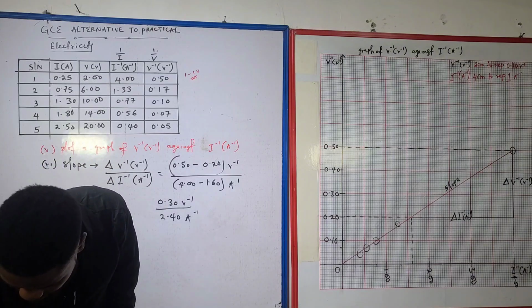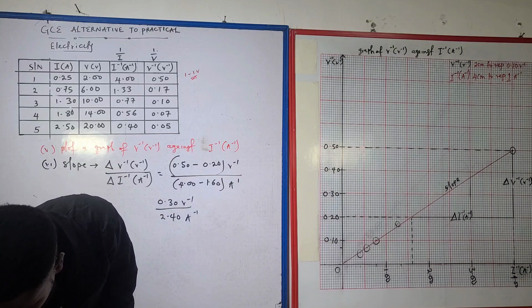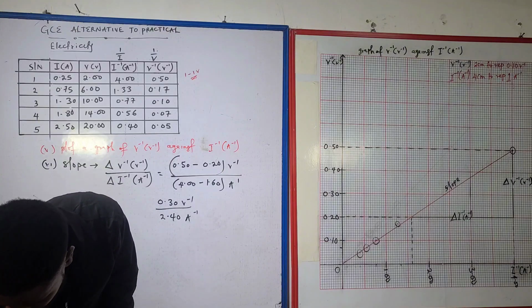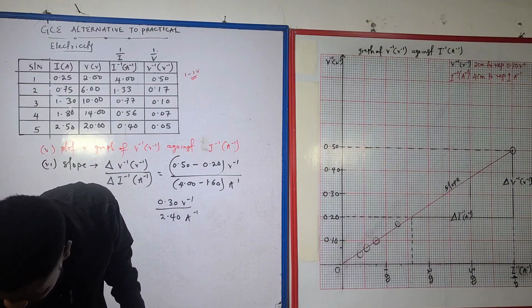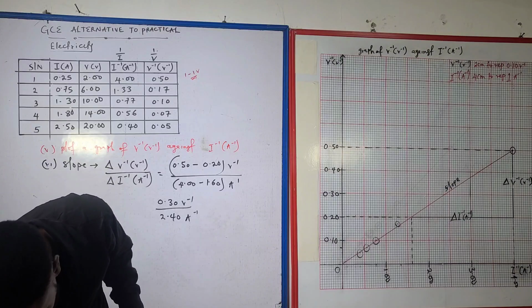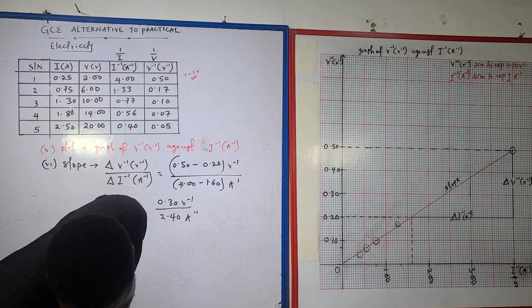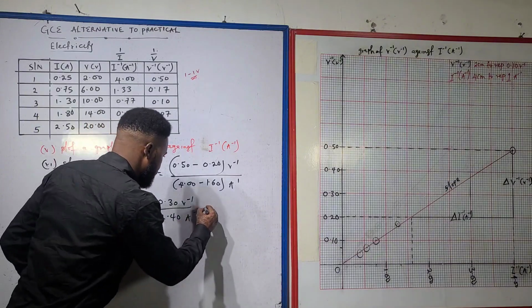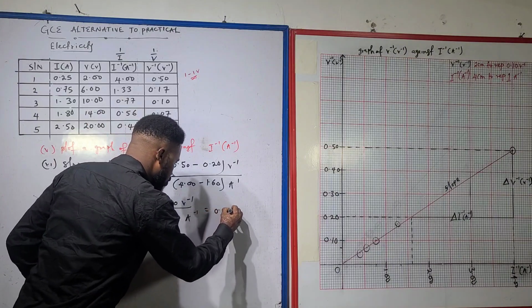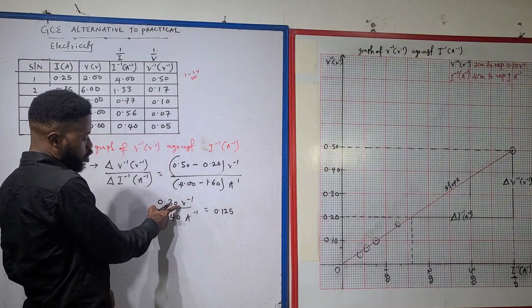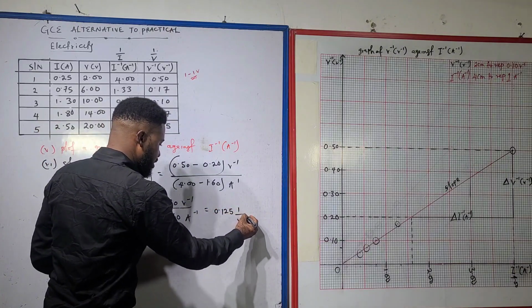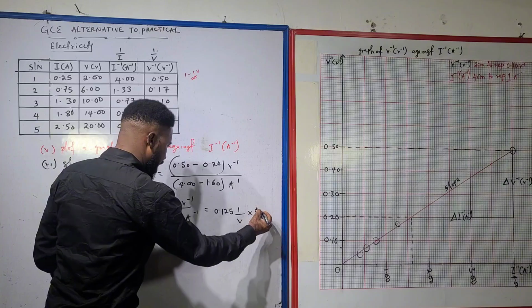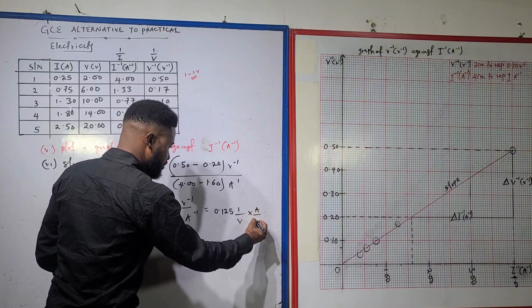0.30 divided by 2.40, that is 0.125. But of course, recall I told you about this unit, 1 over V times ampere over 1.